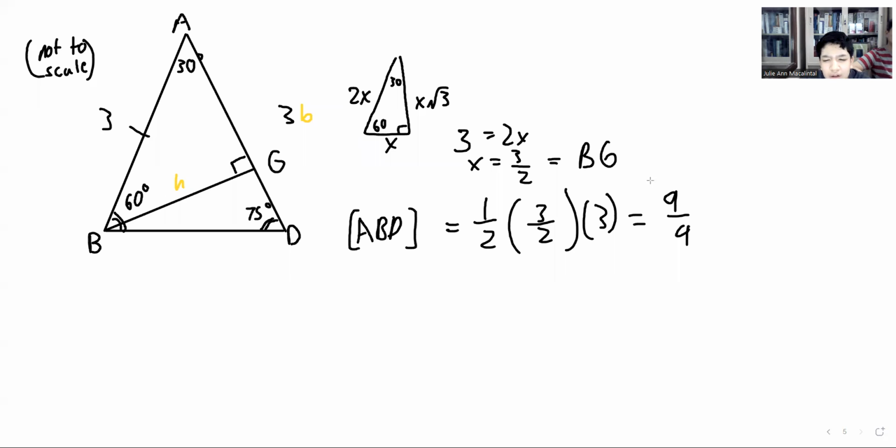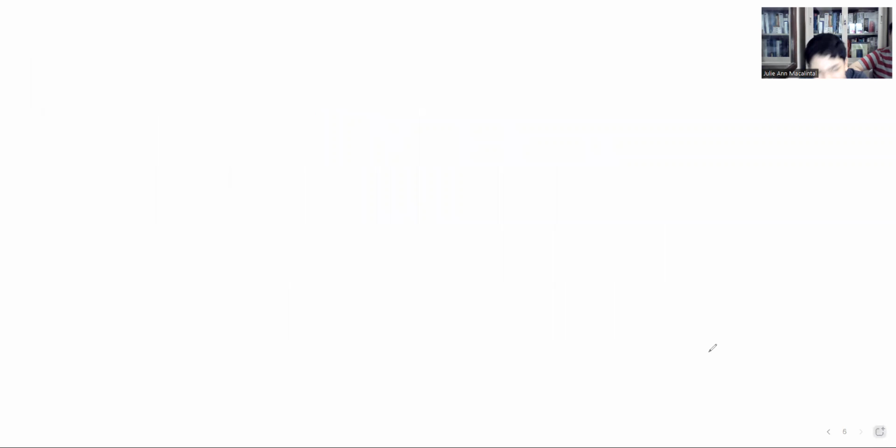And then there is one more easy way, short compared to Heron's formula, of computing the area of ABD, and that is using the altitude of ABD, not just any special altitude.